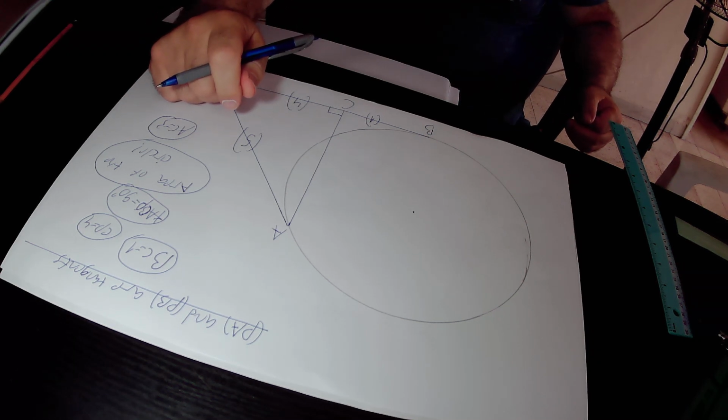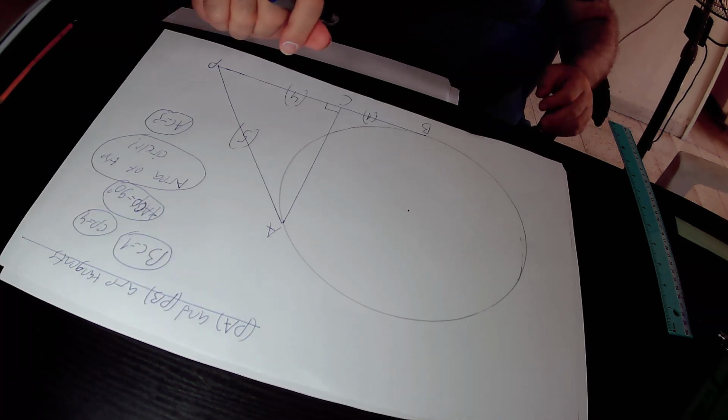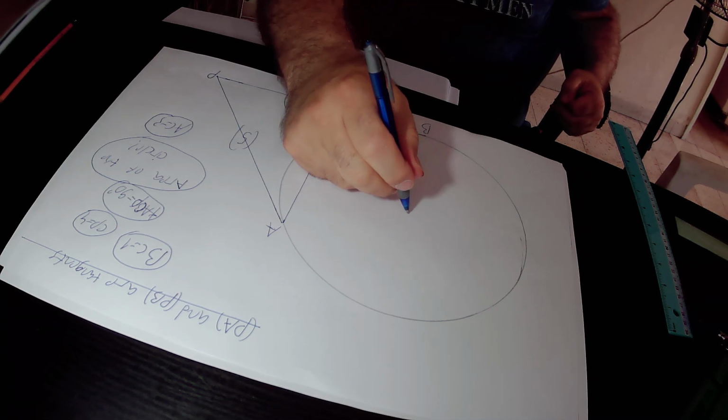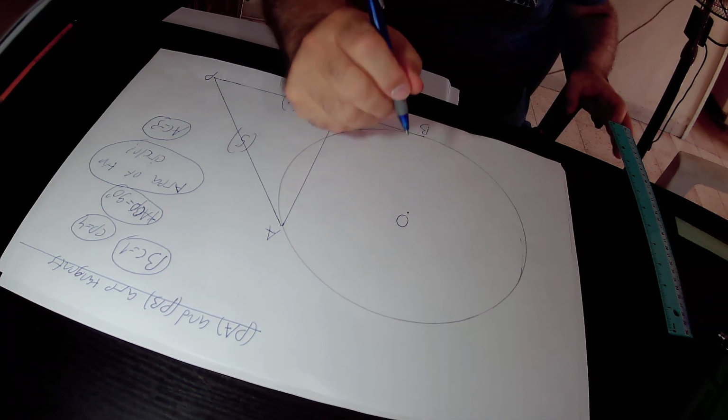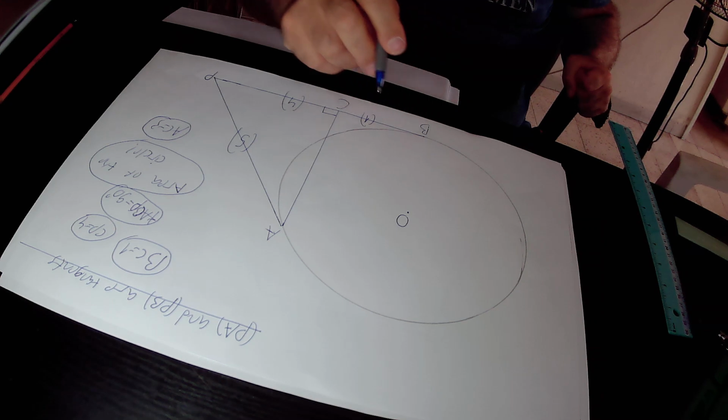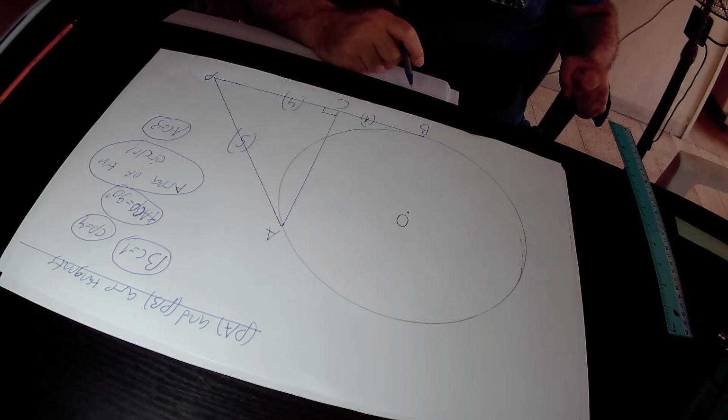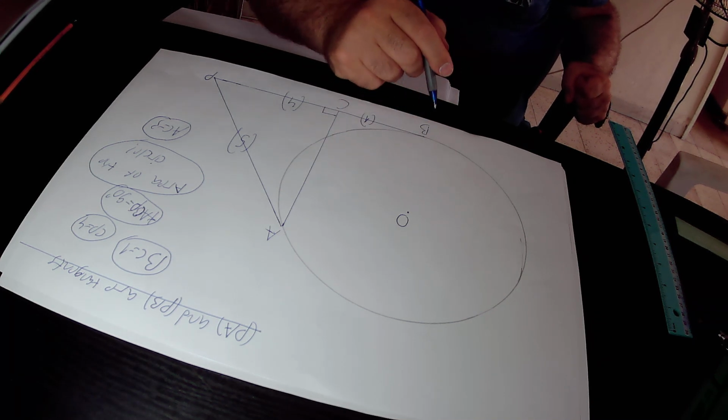In the next step, we'll define the center of this circle. This point is point O, and we'll also define the radius of this circle as x. In the next step, we'll join points O and B together by a straight line.